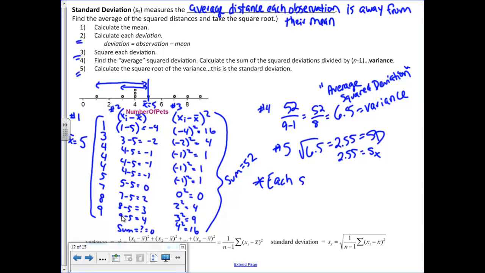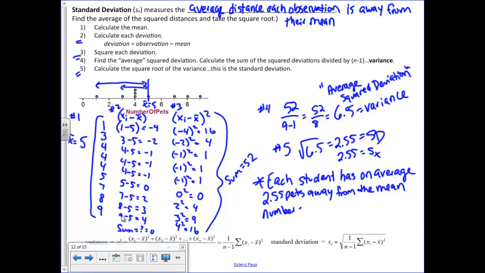So I say each student has on average 2.55 pets away from the mean number of pets in this group.